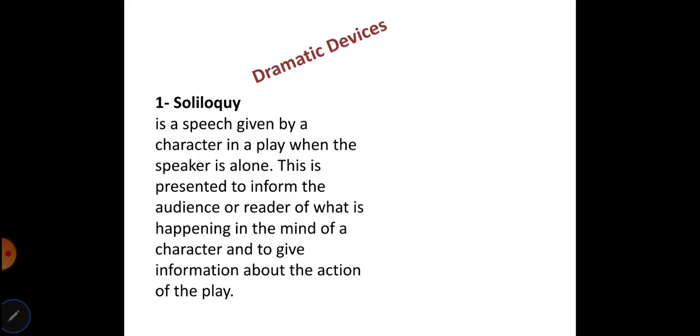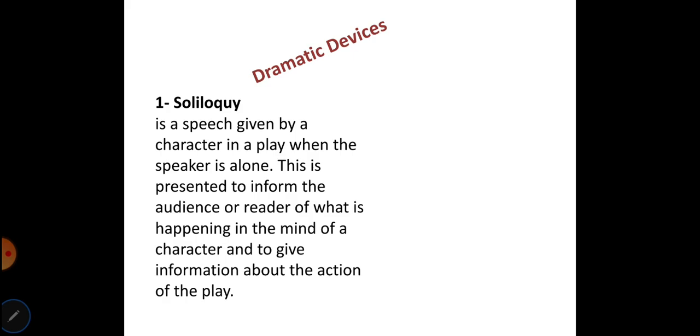Of course, he has the time and the space to do so. But in a play which is performed in front of an audience, how can the character reveal his thoughts? It's through something we call soliloquy. I think the nearest expression in Arabic is munajah.